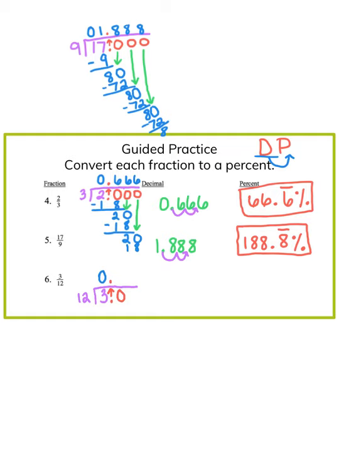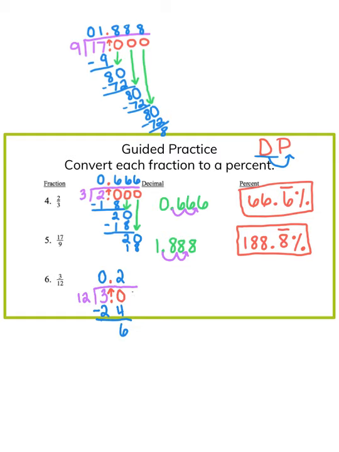12 can go into 30 2 times. 12 times 2 I know is 24. And when I subtract 24 from 30, I'm left with 6. Now I have a remainder, so I can't stop my division problem.